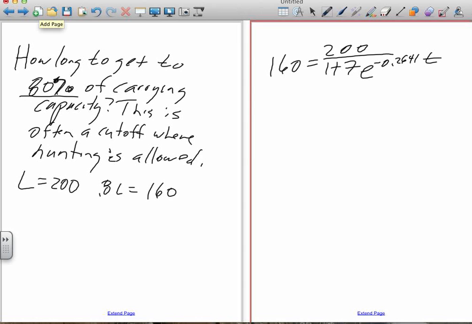You need to solve for t. Again, we cross multiply, like we did when we were solving for k. So I'm going to have 160 plus 1400 e to the negative 0.2641 t equals 200. Subtract 160.